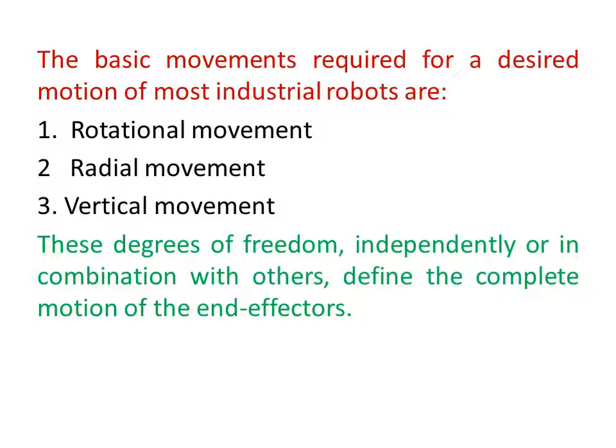If we think about the manipulator, the lowest part is its base, and at the base we have to provide the rotational movement. The entire manipulator will rotate about its base, and we permit rotation of say up to 270 or 300 degrees.